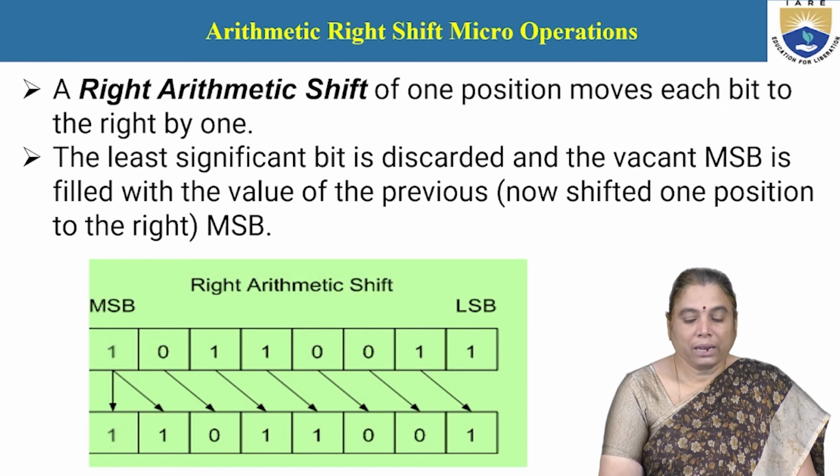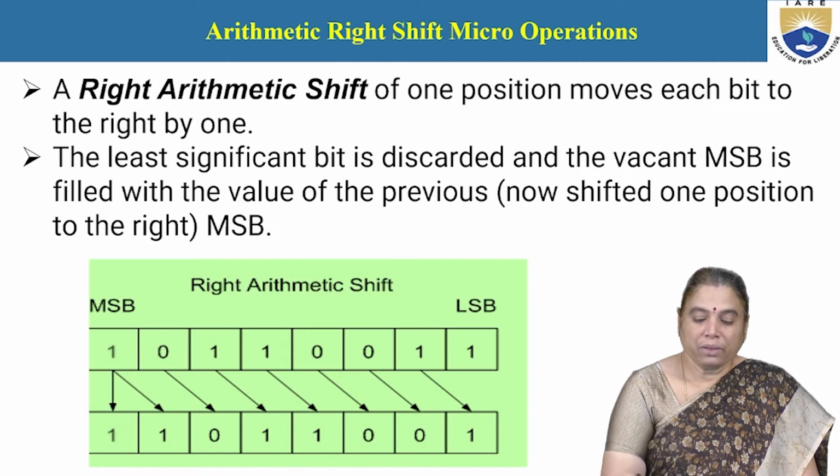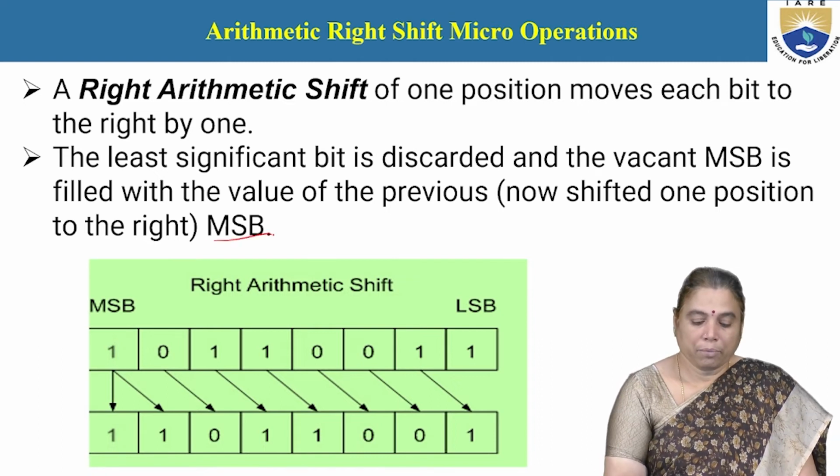But there is a variation in the case of the arithmetic right shift micro operation. A right arithmetic shift of one position moves each bit to the right by 1. The least significant bit is discarded and the vacant MSB is filled with the value of the previous MSB.